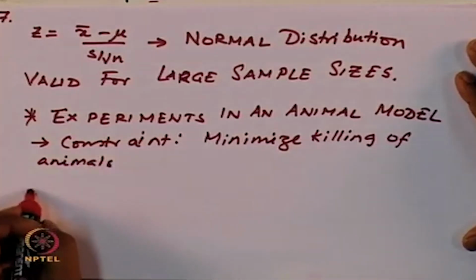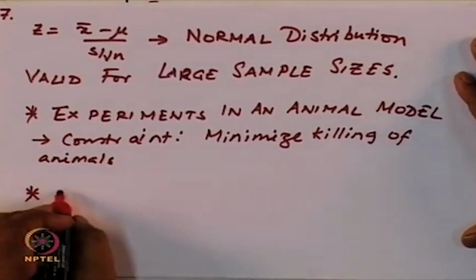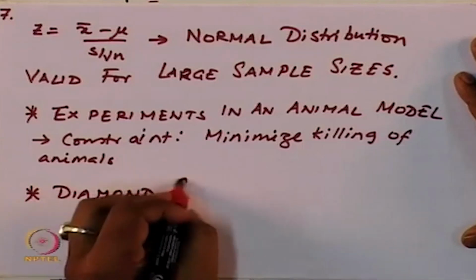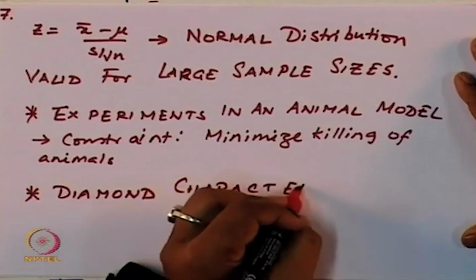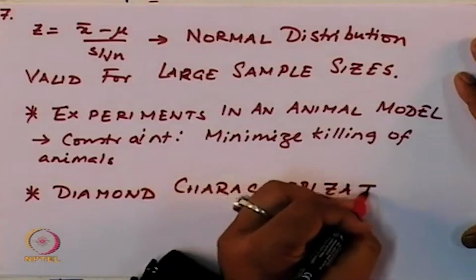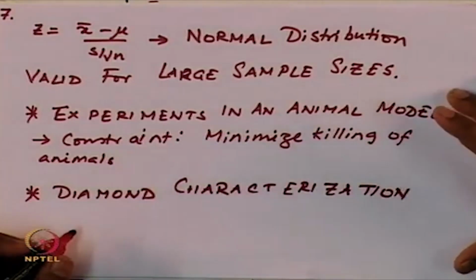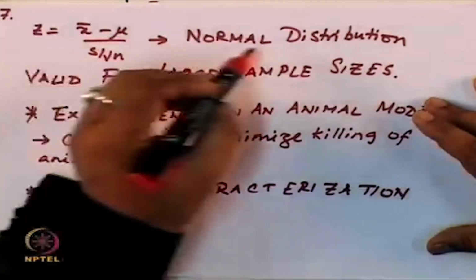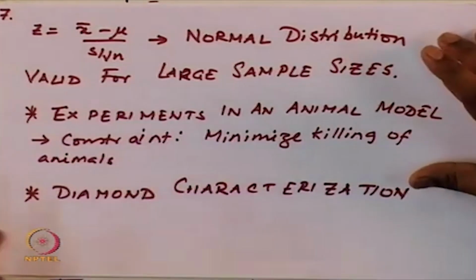Another example is, say, you want to characterize the diamond weight, some diamond characterization. Because diamond is expensive, you cannot afford to take a large sample size. So, you are constrained to take a much smaller sample size, because of which your normal distribution assumption may not be valid.